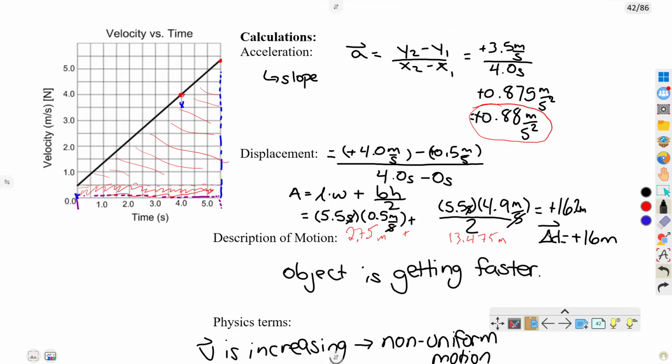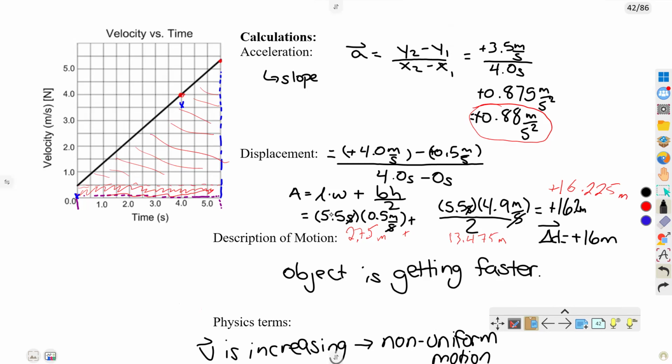And we end up with 16.225 meters. Now, this is a displacement because we're dealing with velocity. So we're going to put our positive sign in there to show that this is moving in a positive direction, in this case, moving north.